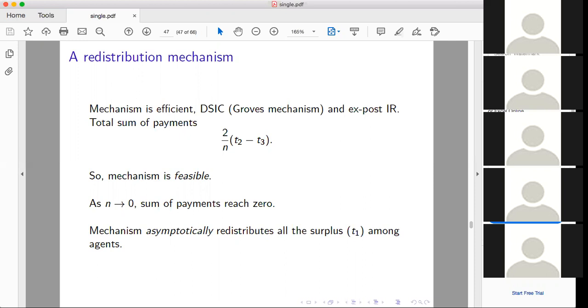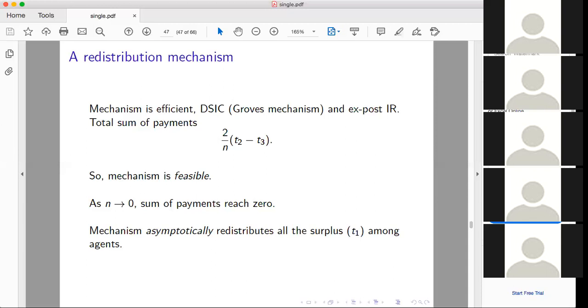And in later lectures, we will show that basically no DSIC ex post IR mechanism can redistribute everything. The whole T1 can never be redistributed by any efficient DSIC ex post IR mechanism.